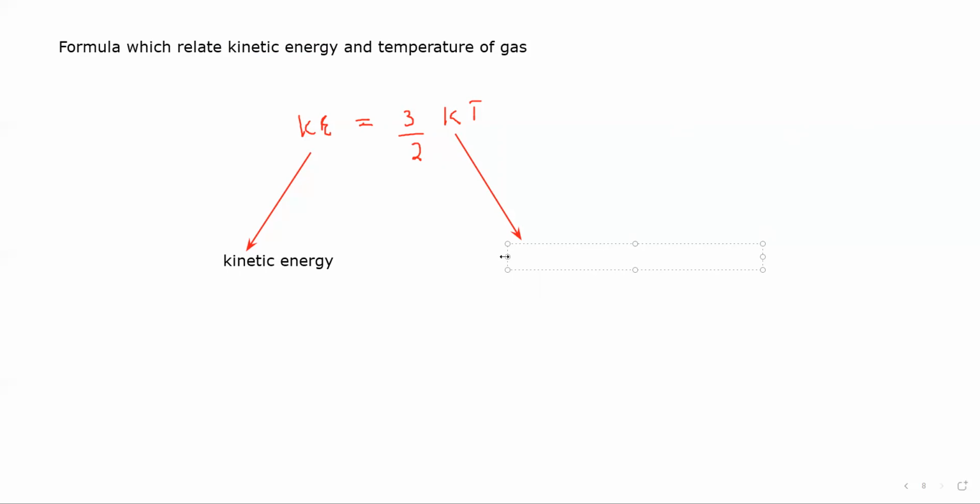So kinetic energy is equal to 3 by 2 kT. And what is k? k is the Boltzmann constant. And T is the absolute temperature, or temperature in Kelvin.